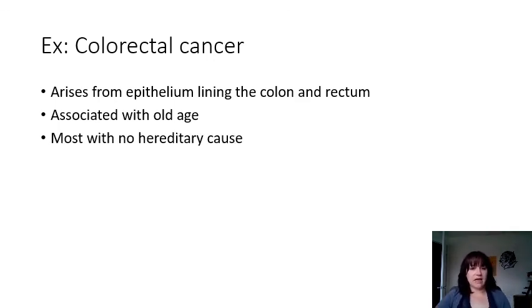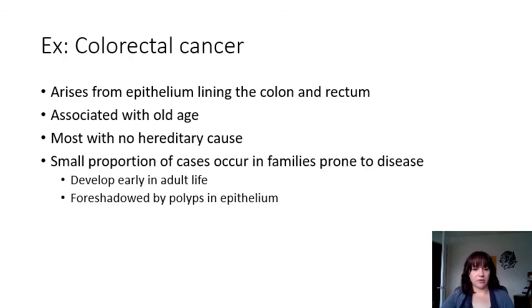The majority of people that have colorectal cancer did not inherit a mutation for this, though there are some cases in which the family is known to be prone to the disease. So again, the majority of colorectal cancer does not have a hereditary component, but they have identified some genes that are important by studying families that have a propensity for cancer, right?